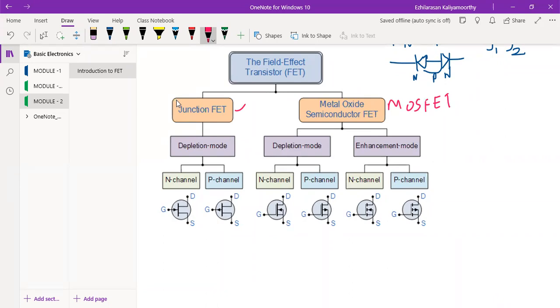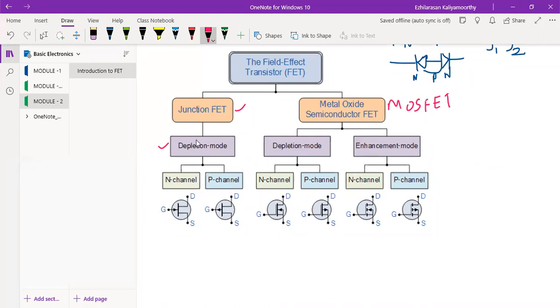Again, the junction field effect transistor, the JFET, won't have further classification. You have only one mode of operation, that is the depletion mode. So the junction field effect transistor will work under the depletion mode.